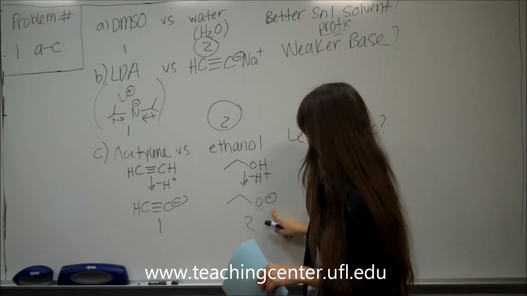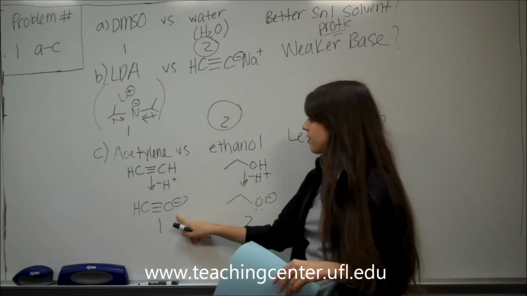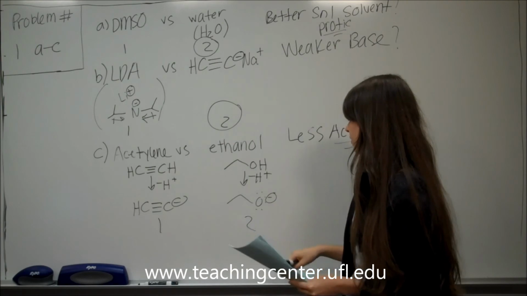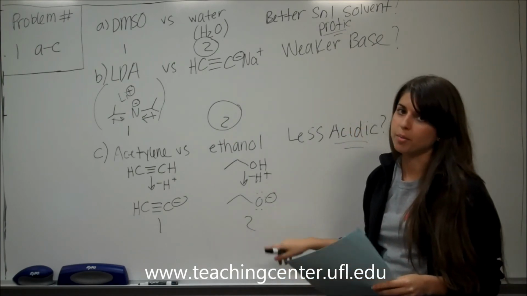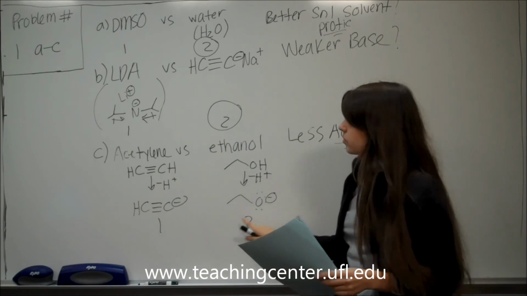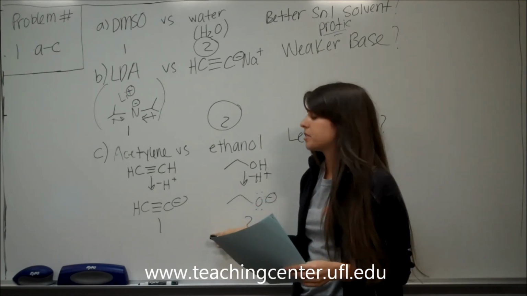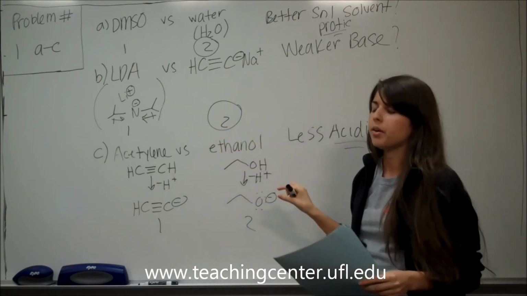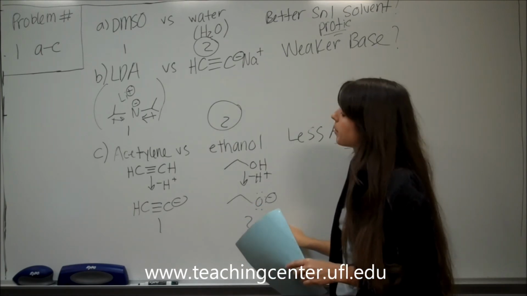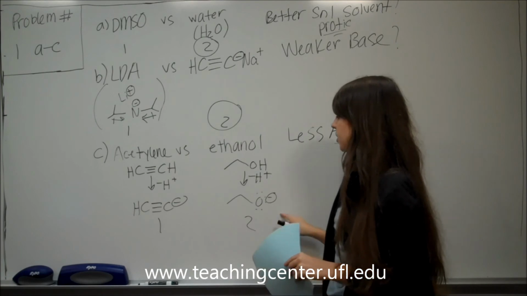So here we have a negative charge on oxygen, and here we have a negative on carbon. Which one is better? Negative on oxygen is better. Remember, size doesn't really come into play for these 2 because they're on the same period of the periodic table. But electronegativity does come into play.